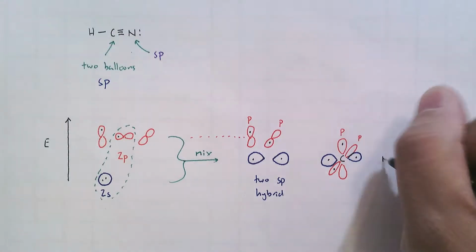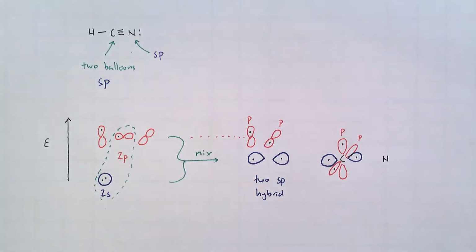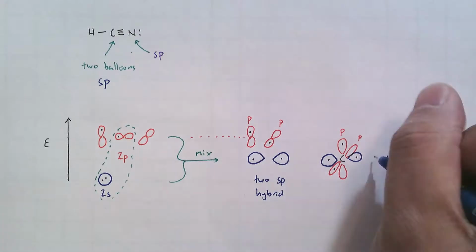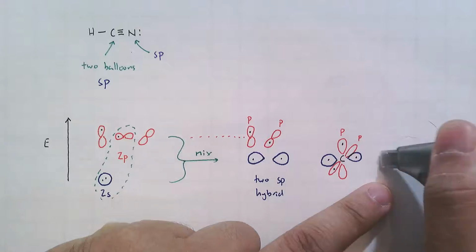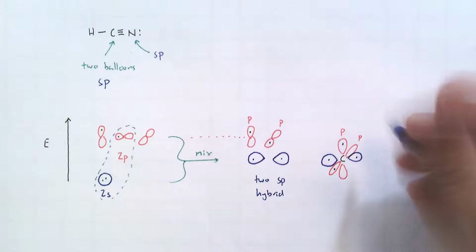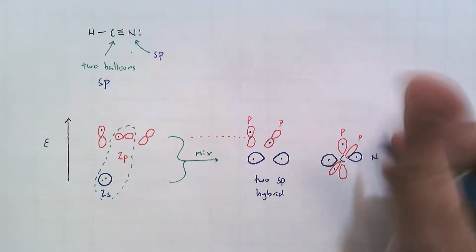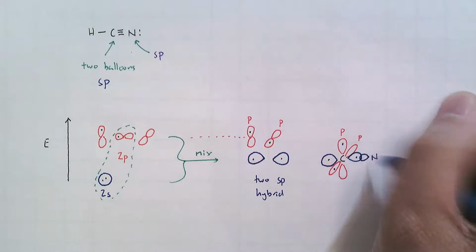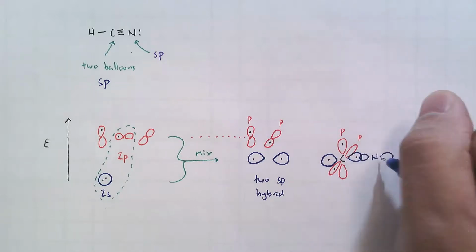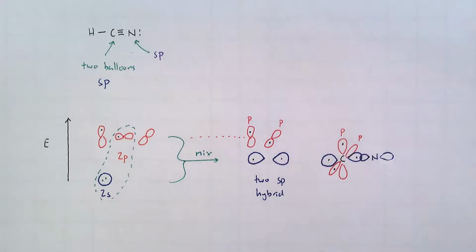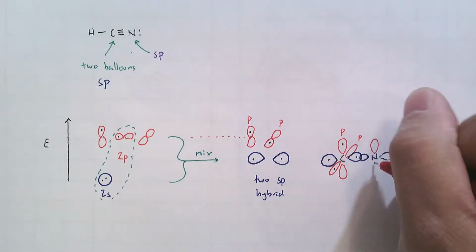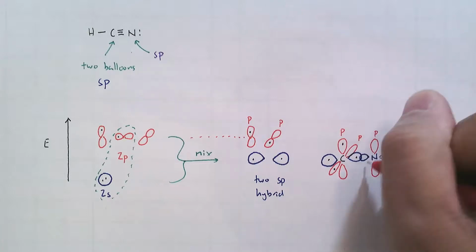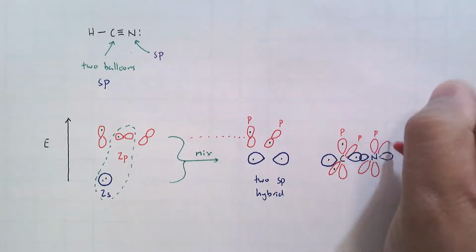So nitrogen is also sp, and let me draw this a little bit closer. We have a lobe there. And we have the p orbitals. P, P, P, P.